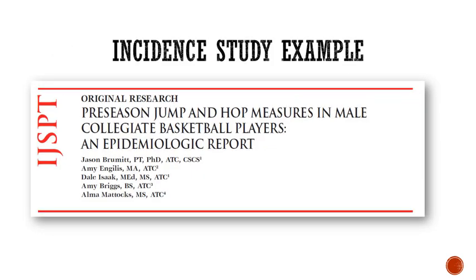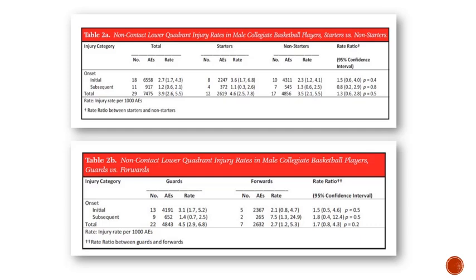Another incidence example, looking at jump and hop measures, so broad jump and single leg hop for distance in male collegiate basketball players. And so what I'm reporting here are injury rates. And this doesn't really have anything to do with the jump and hop distance. I looked at jump and hop distance as potential risk factors, and they weren't risk factors for male collegiate level basketball players.